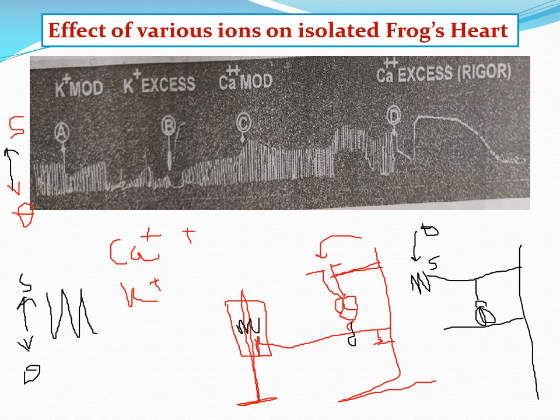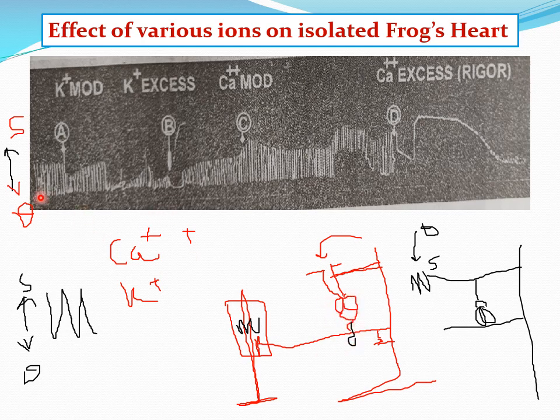First we have to see the effect of potassium: first the effect of moderate potassium, then the effect of excess potassium, then we'll see the effect of moderate calcium and the effect of excess calcium. So first, pour a little diluted potassium chloride here in the cannula, and then it acts on the heart muscle, it will spread on the heart muscle.